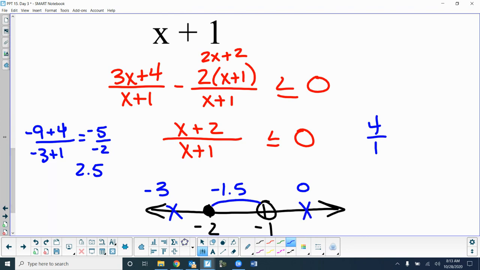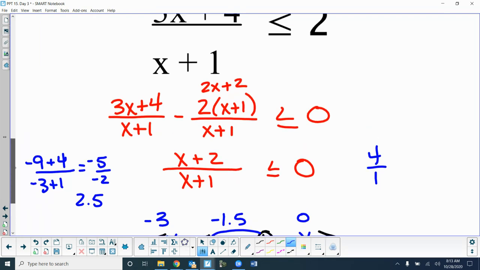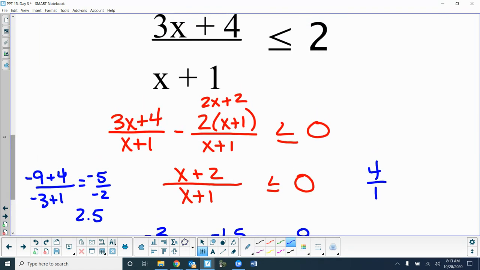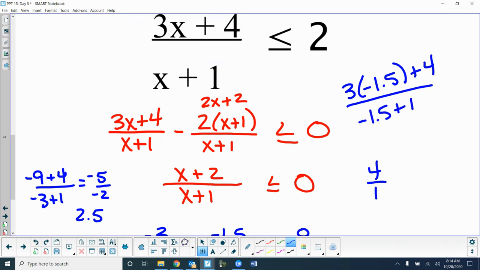Well, let's just check to make sure. So I'd go -1.5 times 3 plus 4 over -1.5 plus 1. All right, so that's -4.5 when I multiply that, plus 4 is -1/2.